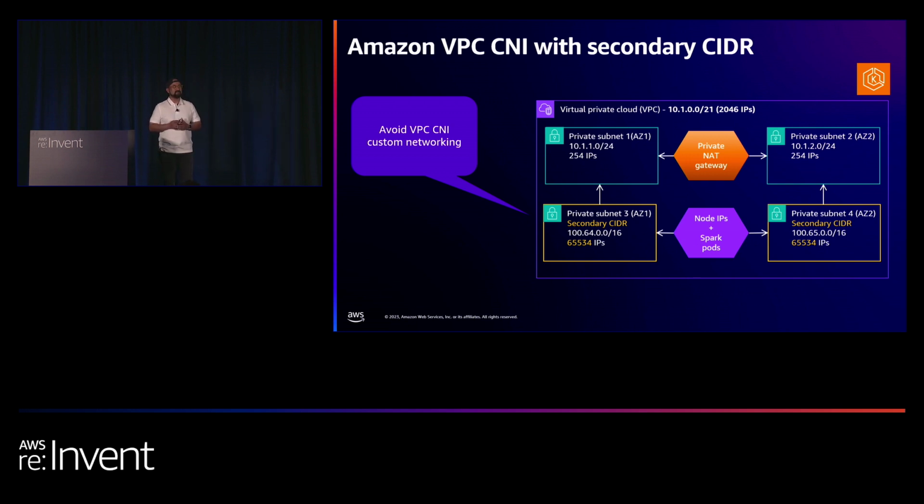But when it comes to running your actual Spark workloads, even the nodes, you can leverage the secondary CIDR range with non-routable IPs. As you see here, I have 2 subnets across 2 AZs, and each private subnet on the secondary CIDR range has got 65,000 IPs, which means it can give you 120K plus IPs for the Spark pods that you can run on Kubernetes.